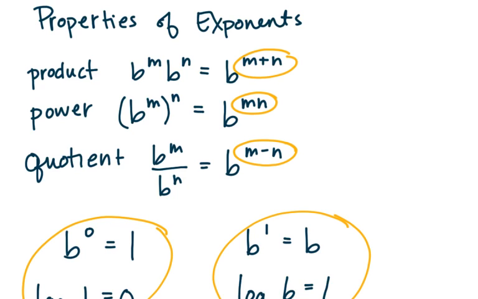some similarities between our logarithmic properties, our product, power, and quotient properties of logarithms. So notice this product rule has a plus, the quotient rule has a minus, and the power rule has multiplication.